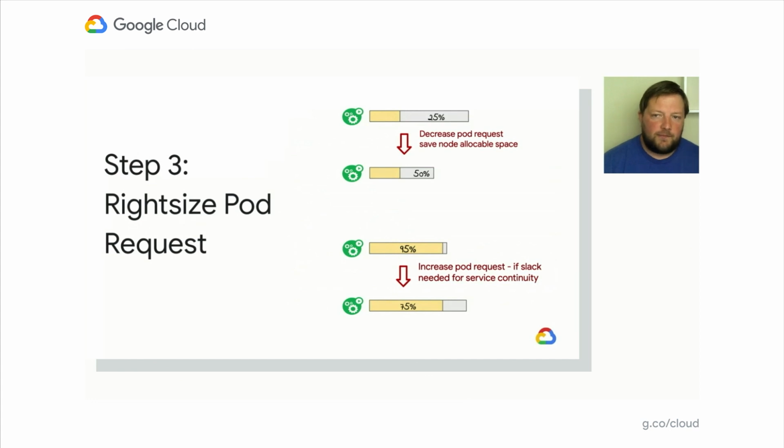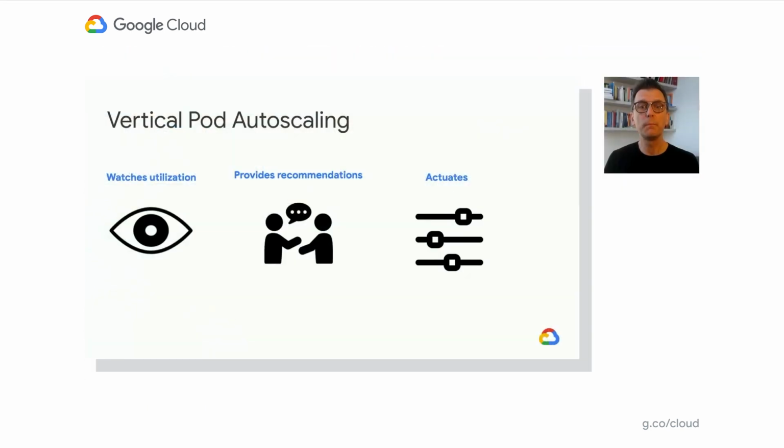GKE provides vertical pod autoscaler that watches your pod resource utilization and recommends pod sizes. It is an automated version of the process that we used at OpenX. Vertical pod autoscaling does three things. It watches the resource usage by the selected pods. After it collects enough data, it provides recommendations on what the actual resources specified in the pod spec should be.